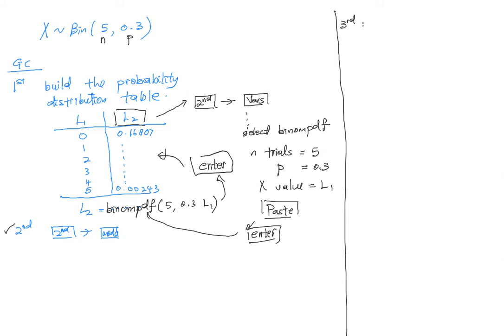Is your cursor at the name of the column L2 or is it here? You have to be very careful with that. The cursor must be at the name of the column when you want to do all this.